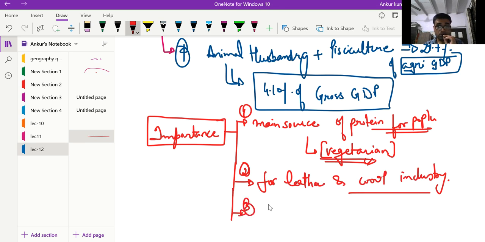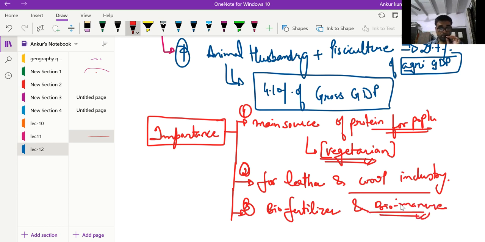Number three is biofertilizer and biomanure that is produced from the dung of these animals. So this is the importance that this sector carries.